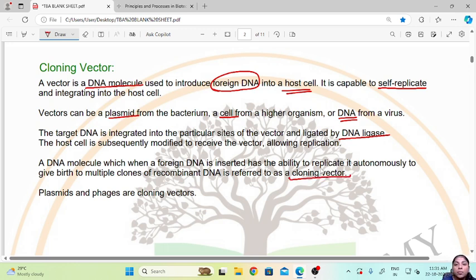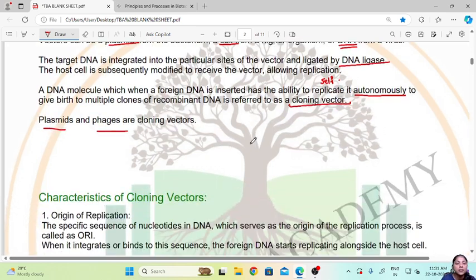It is a DNA molecule which, when a foreign DNA is inserted into it, has the ability to replicate autonomously, means by itself, or self-replicate to give birth to multiple clones or copies of the recombinant DNA. Plasmids and phages are examples of cloning vectors.